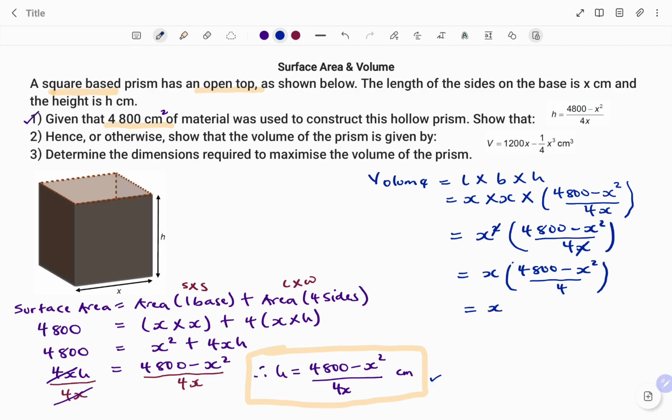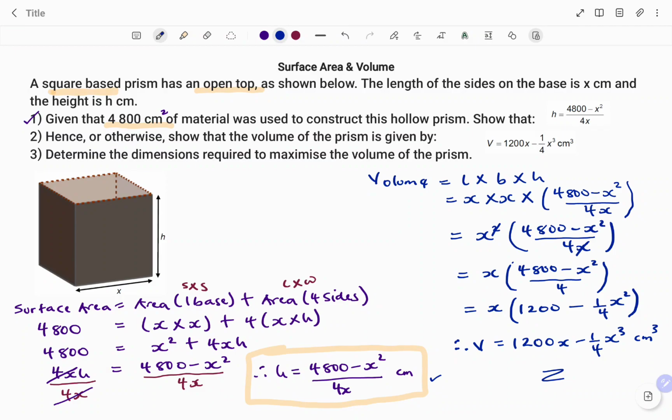Then I have 4,800 divided by 4, that will give us 1,200, minus a quarter x squared. And if I expand the bracket with my x, my volume V will be equal to 1,200x minus 1/4 x cubed cubic centimeters.